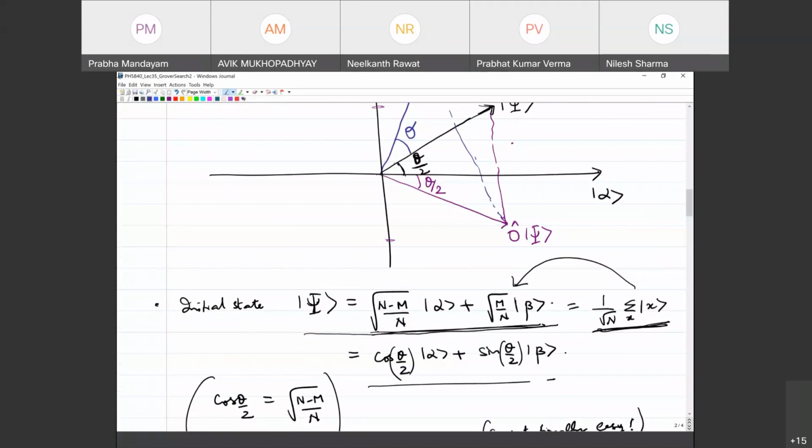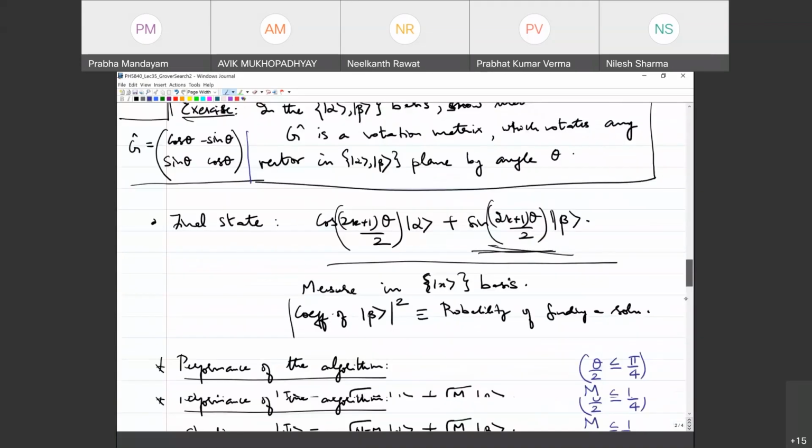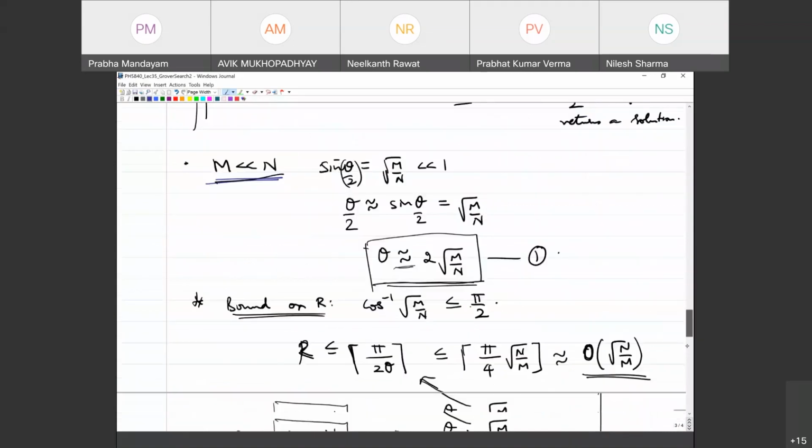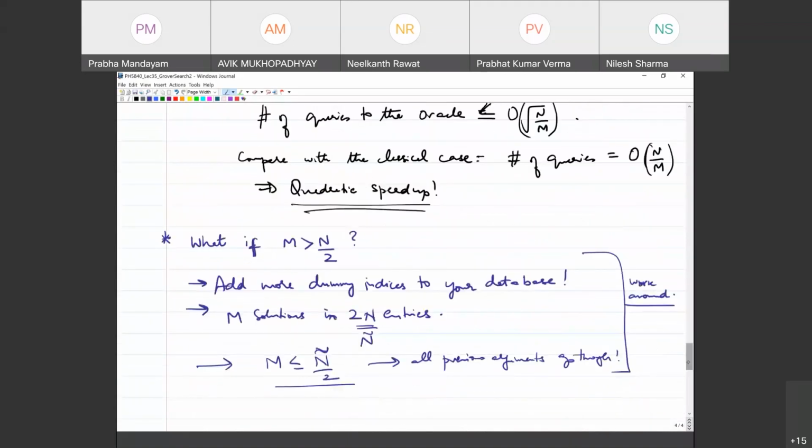Ma'am, in the last case when m is greater than n by 2, we are already starting closer to beta, right? Yeah. So, ma'am, after one rotation, we are moving farther from the beta axis, right? Correct.